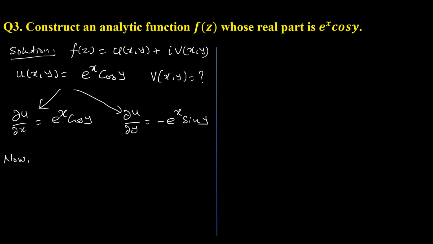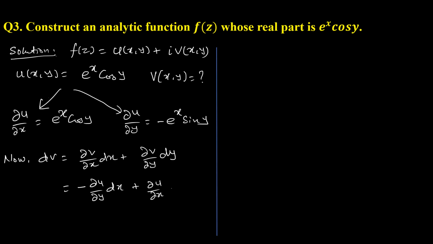Now we know that dv will be del v upon del x dx plus del v upon del y dy. Using the CR equation, del v upon del x is minus of del u upon del y, and del v upon del y is plus of del u upon del x.